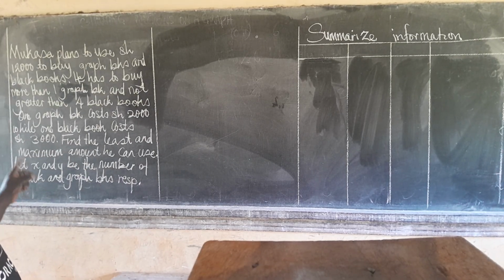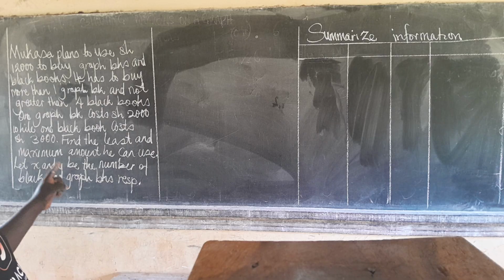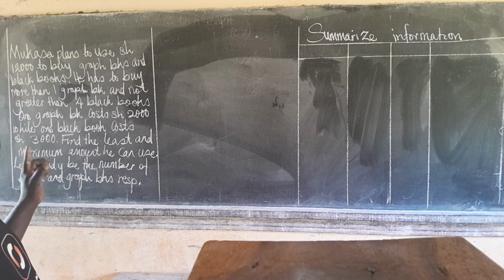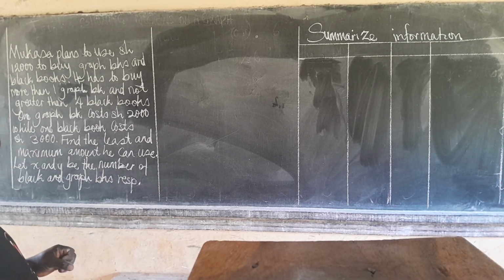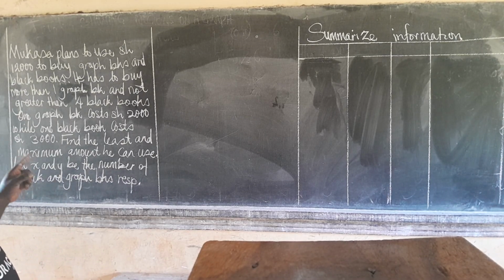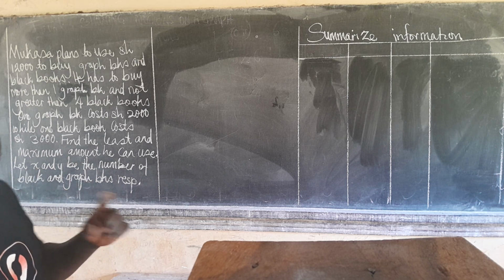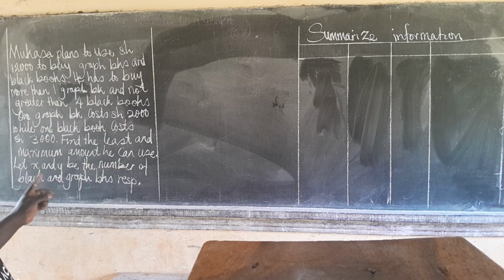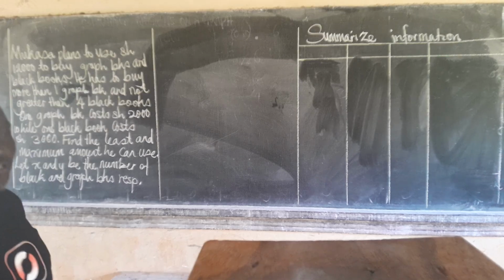One graph book costs 2,000 shillings, while one black book costs 3,000 shillings. Find the least and the maximum amount he can use. Let X and Y be the number of black and graph books respectively.